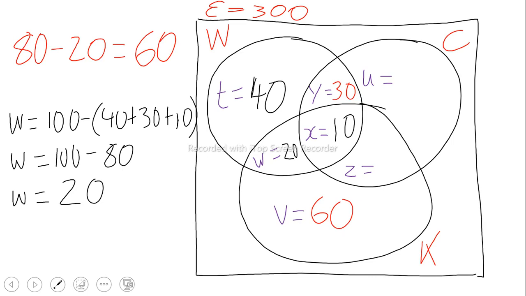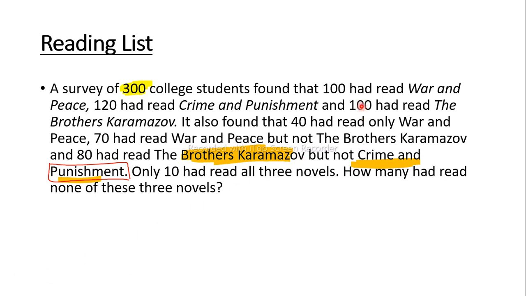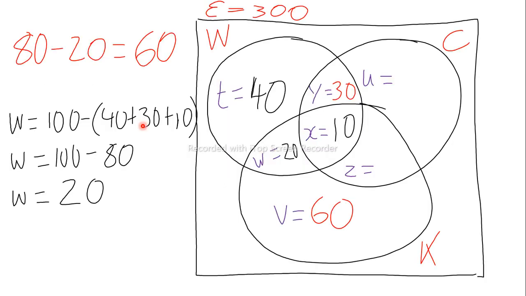Okay, very good. So the idea is, remember they told us that 100 had read the Brothers Karamazov. So this circle right here, which represents the Brothers Karamazov, all of this is 100, the whole thing.